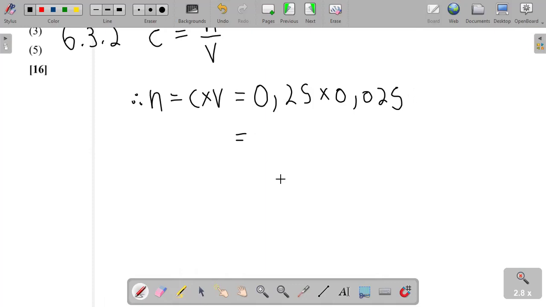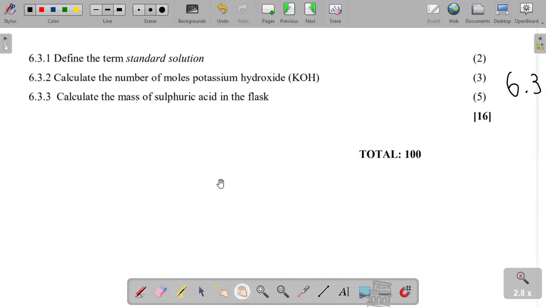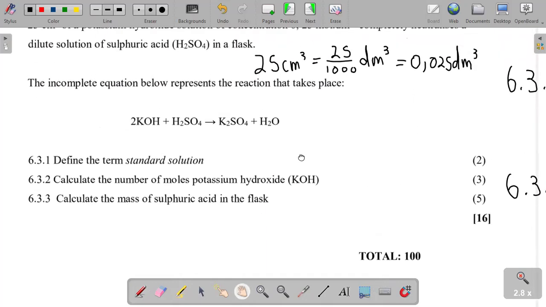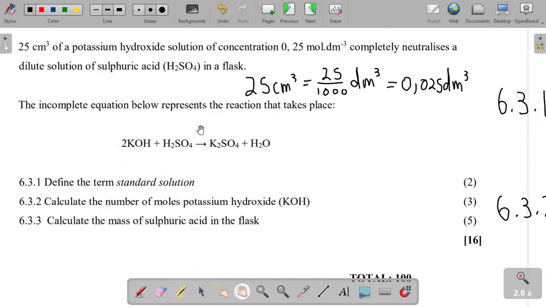So again, you use a calculator here, and that gives us 6.25 multiplied by 10 to the power, in scientific notation, mole. This is what I get. This is the number of moles of potassium hydroxide, KOH.